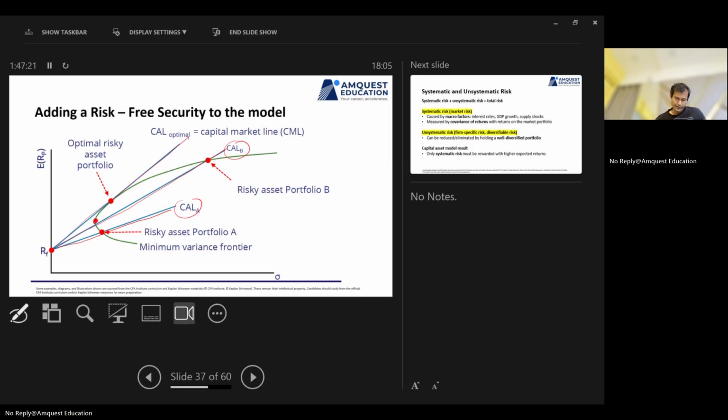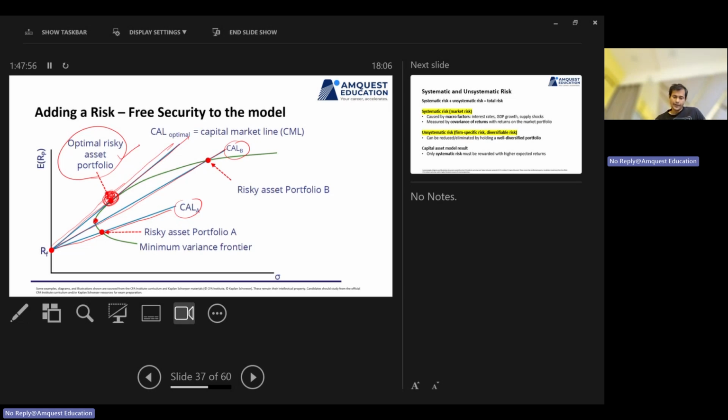Now, the capital allocation line which is tangent to the efficient frontier is called the optimal portfolio. So you need to find out which line is tangent to the efficient frontier. That will give you the optimal risky asset portfolio.